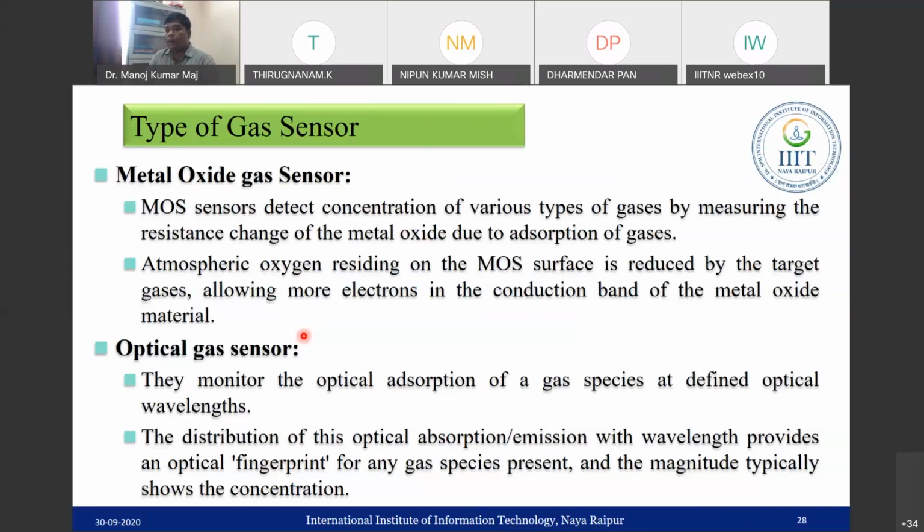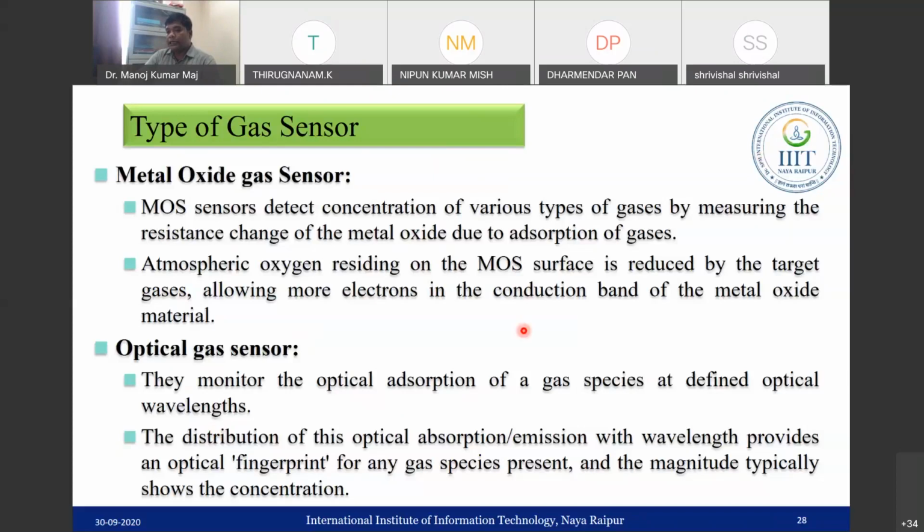Another one is your optical gas sensor. This optical gas sensor works by monitoring the optical absorption of a gas species at defined optical wavelengths. Whenever we move to the optical field, it is primarily based on the wavelength, so depending on the different wavelengths, the optical gas sensor can work.